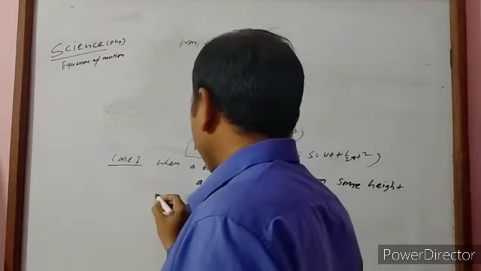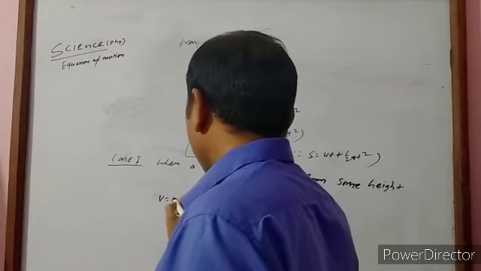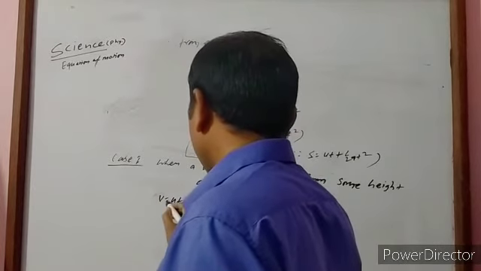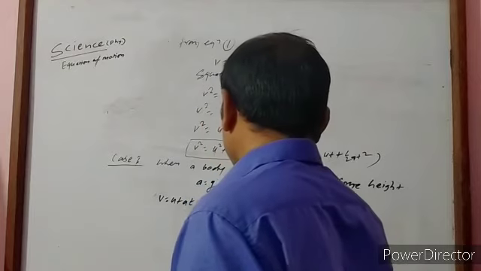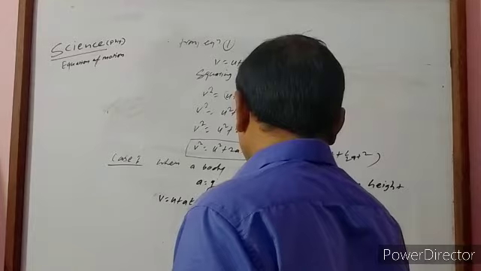Then we already know the formula v is equal to u plus at. Instead of this we can write v is equal to u plus gt.